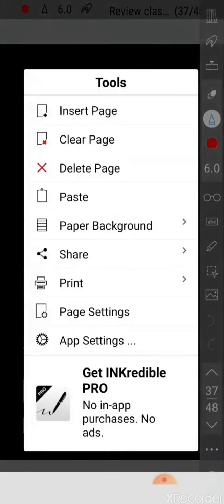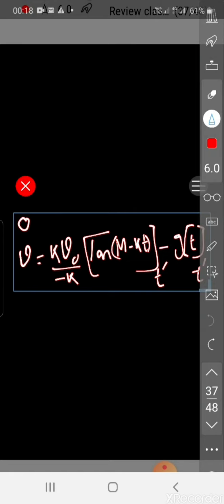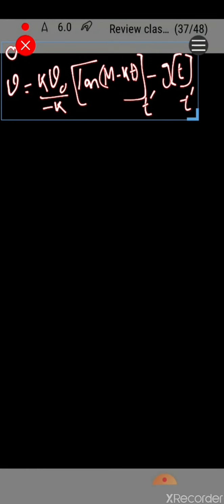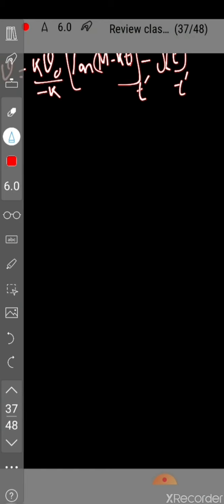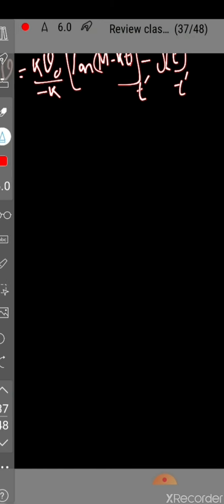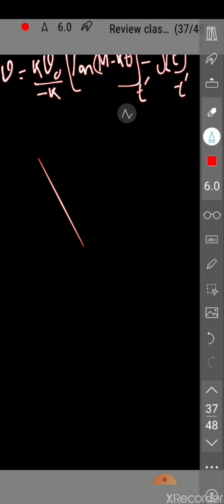Okay, this is my equation. From this equation, what can we write? Substitute the limit. So v is equal to, this k cancels and this will go to this side.